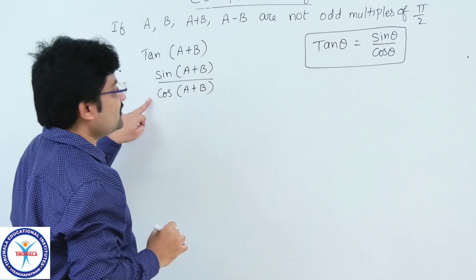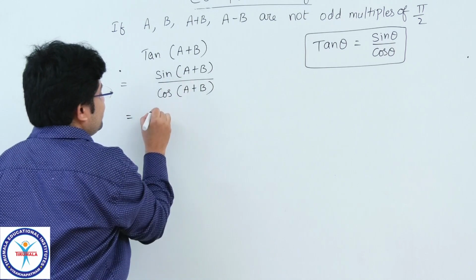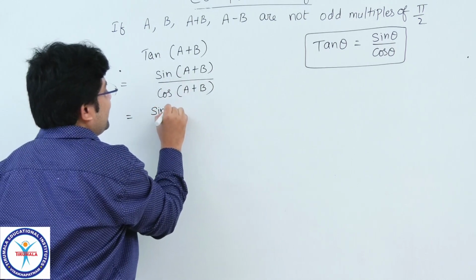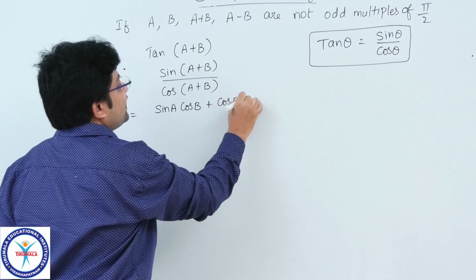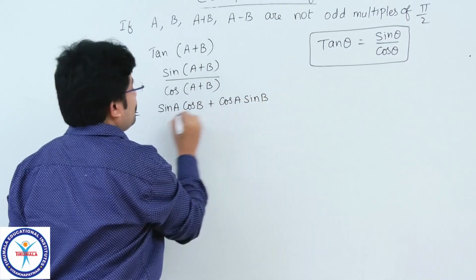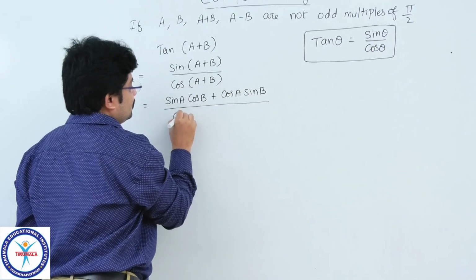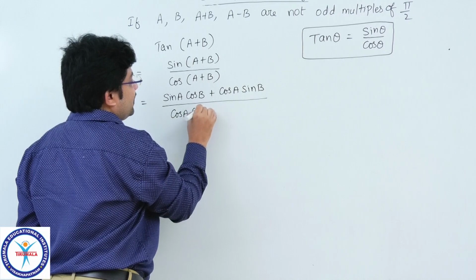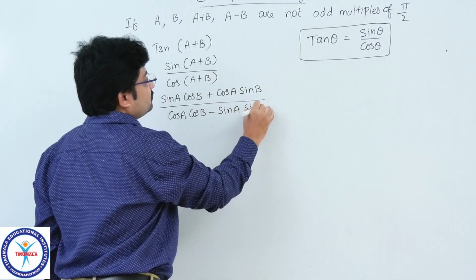We know the formula for sin(A+B) and cos(A+B). Sin(A+B) is sin A cos B plus cos A sin B, by cos(A+B), which is cos A cos B minus sin A sin B.